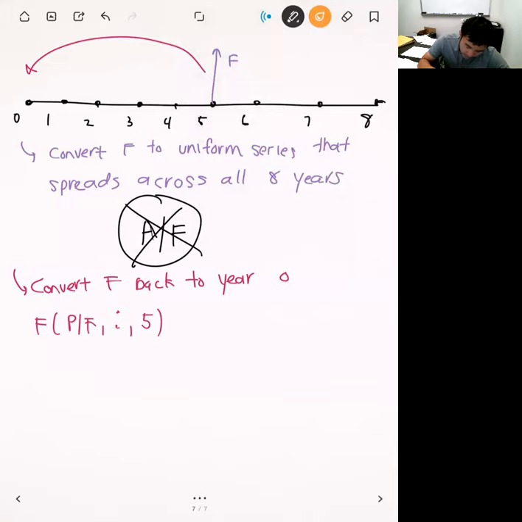And so that's going to take our F and put it back toward the origin, okay? And then from here, since this is a present sum, or in other words, just a single lump sum of money in the present day, we can spread this out now over all 8 years using an A over P factor.